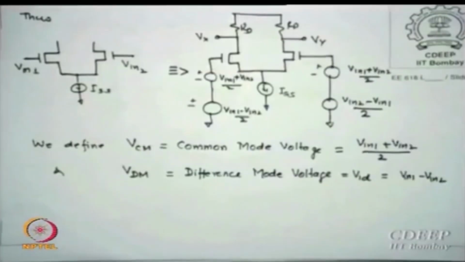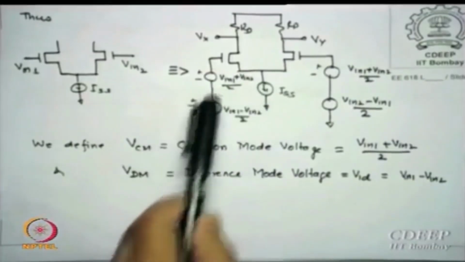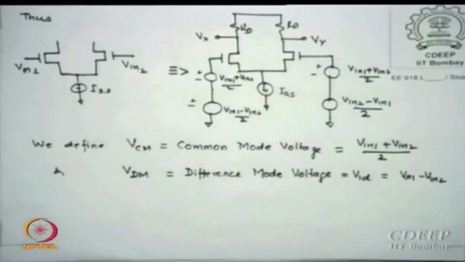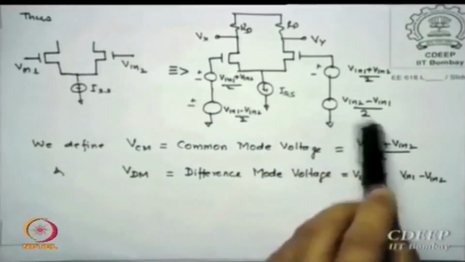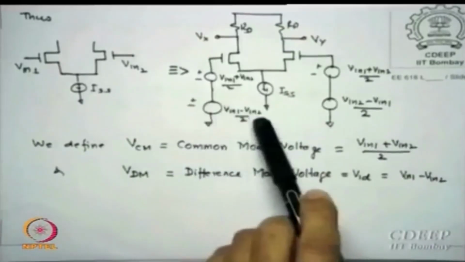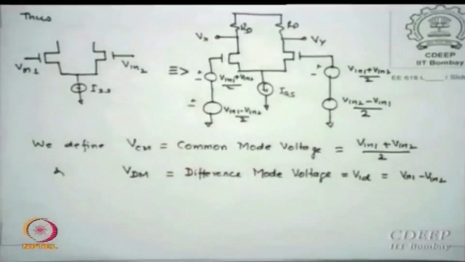Similarly, I can do it for Vn2 on the other side. So I repeat this, is that okay? Equivalently, I have 2 sources like this, and the only thing is you can see here Vn2 minus Vn1, here Vn1 minus Vn2, because that is what the values you had.